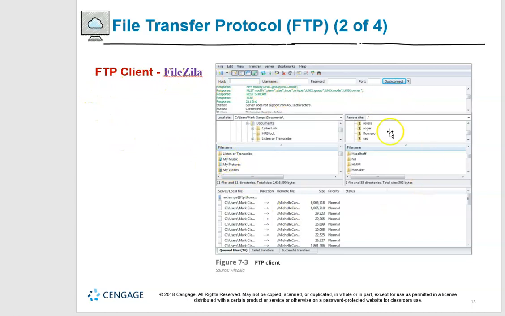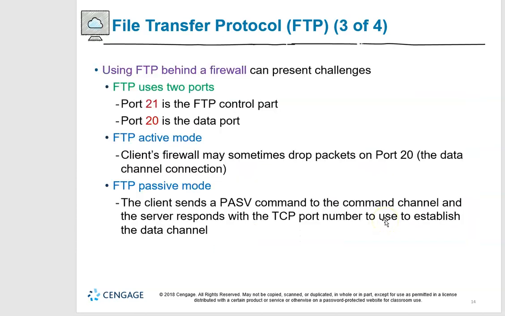So you can see here's the GUI that allows you to do these transfers. So you can see it's kind of split into two halves. On the left side you can see the local site. On the right side you can see the remote site. So this is your local computer and this is your remote computer, and you can see the file hierarchy in each one of those. And then it's kind of like a drag and drop. You can see down here where we're actually moving files.